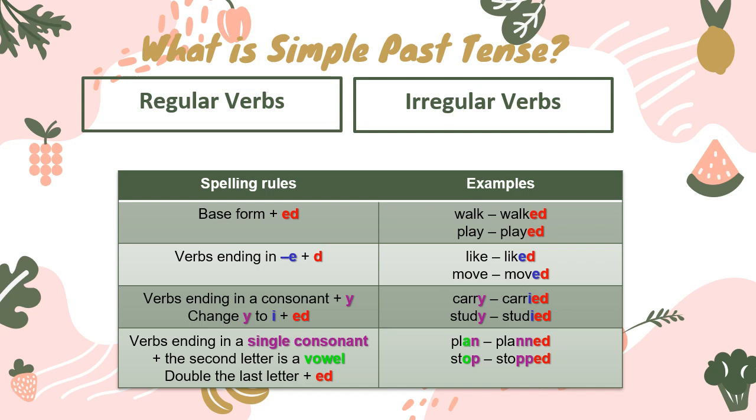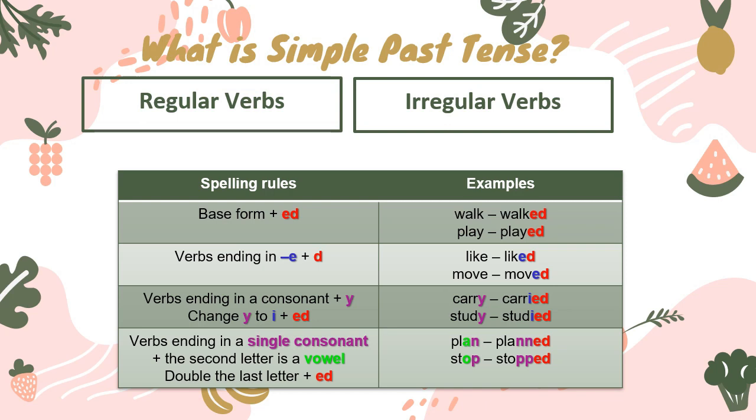Okay, the second rule, verbs ending in E plus D. For example, like, L-I-K-E, ending with E, so we need to add D. So like becomes liked. Move, M-O-V-E, ending with E, becomes moved, M-O-V-E-D.